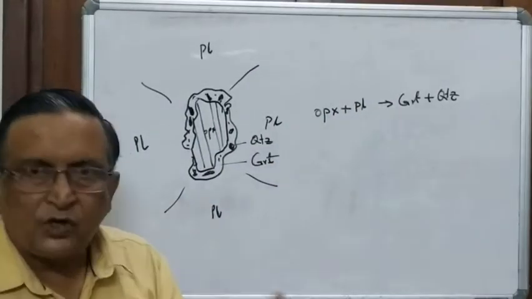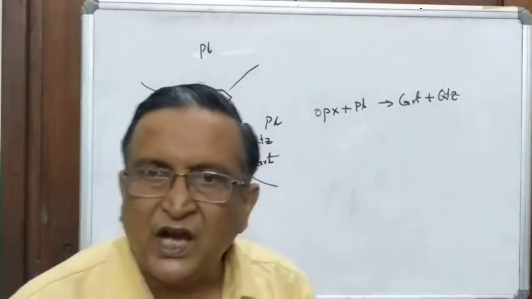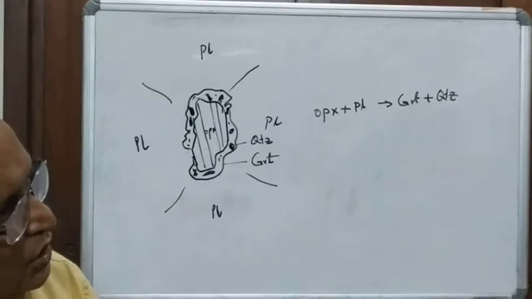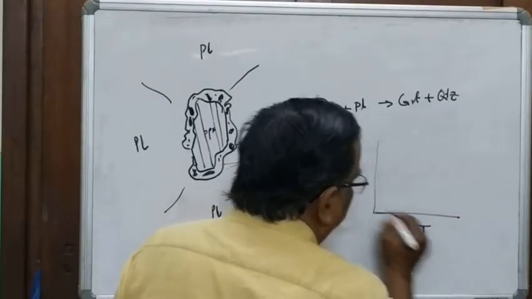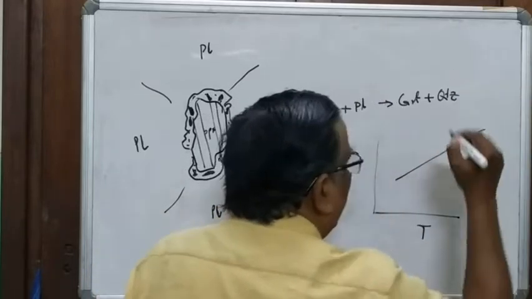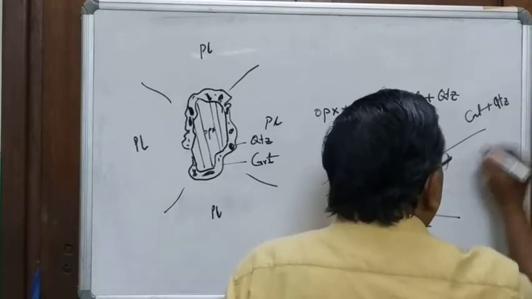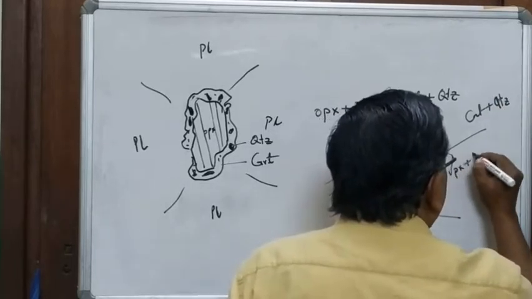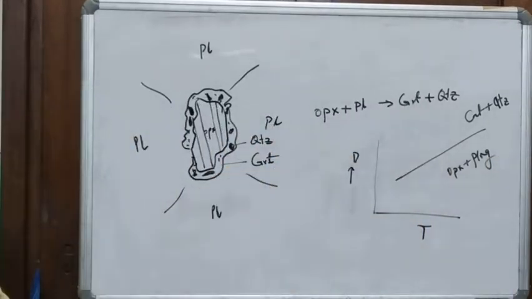So orthopyroxene plus plagioclase is on the low pressure side and garnet plus quartz on the high pressure side. So it's like this, vaguely. I know it, so I'm telling you that it is a positive slope.